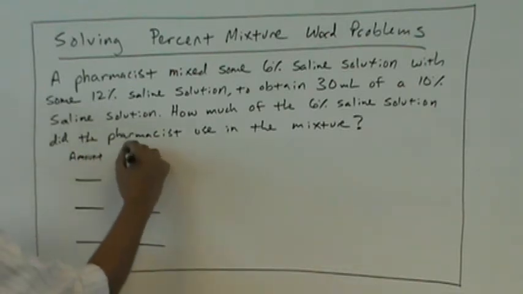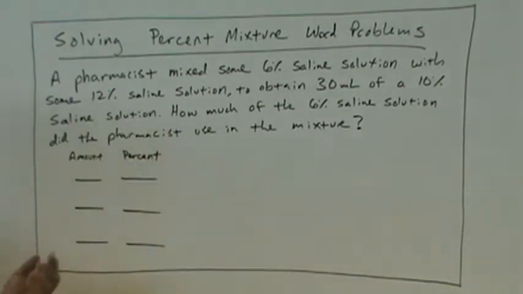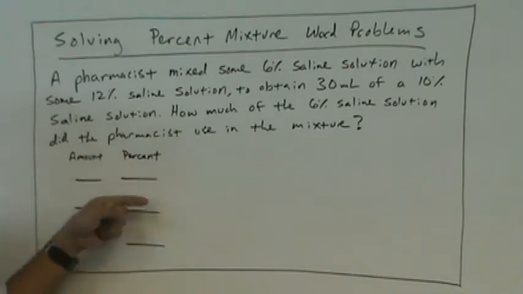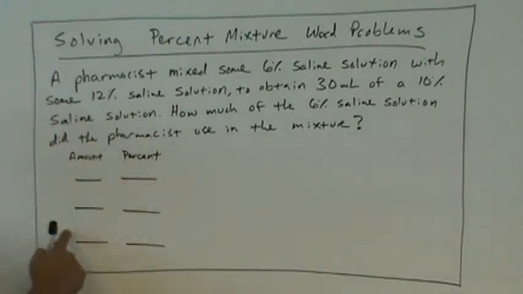And this other column, we're going to call percent. So you have this column with 3 lines, that's the amount, and this column with 3 lines, that's the percent. And this bottom row, that's going to be our total.